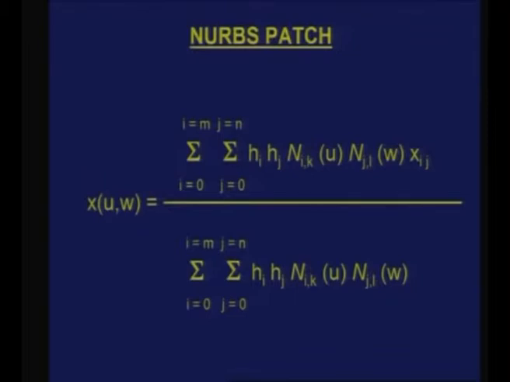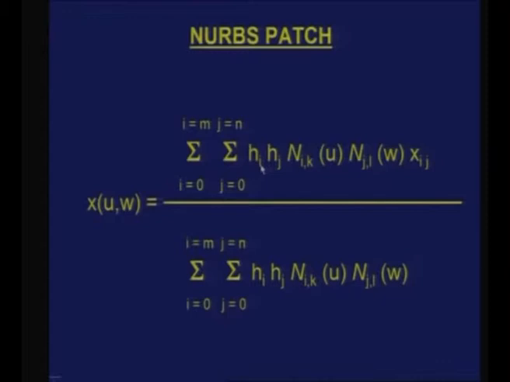So, extending it to the last in this category, that is the NURBS patch, is also straightforward. If we look at what we have, we had only a summation which is in one direction. If you recall the NURBS patch, like what is shown here, is x as a function of u and w.